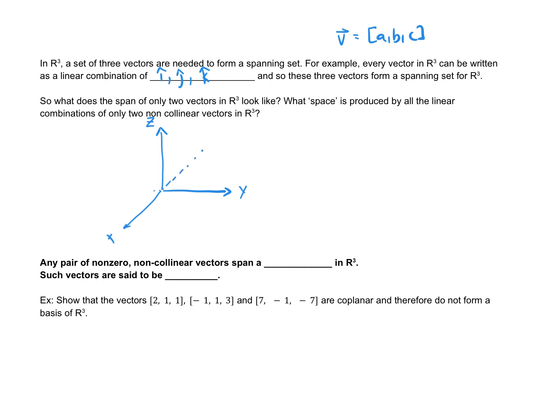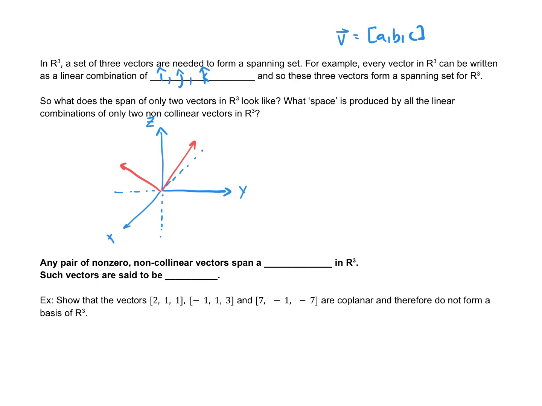There's the negative part of each axis. Now, if you have two vectors, imagine you're holding two pencils. Those are just going to form a plane in three-dimensional space.